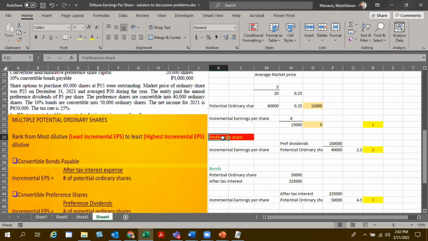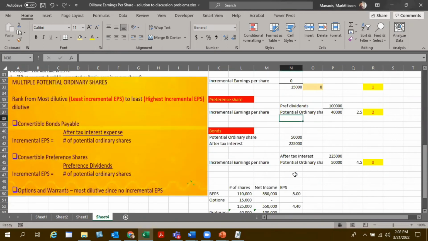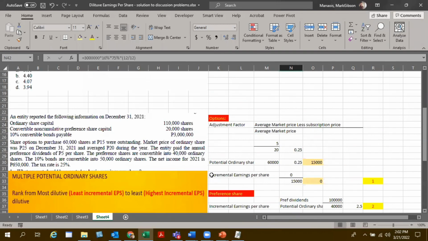We go now to the bonds. So sa bonds, to compute for the potential ordinary shares, so that's to compute for the incremental earnings per share, kunin natin yung after-tax interest of 225,000. Paano ulit na-compute yung 225,000? So that's 3 million multiplied by the interest rate of 10% multiplied by 75% kasi ng tax rate natin is 25%.